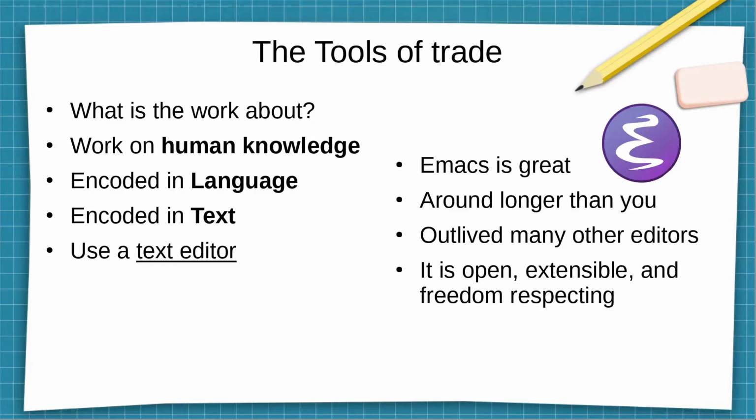And my experience has shown me that certainly the most powerful feature of anything, it is how well it survives the passage of time. And Emacs has a great track record. Finally, it is an open, extensible, and freedom-respecting software that is extremely valuable and guarantees you this software will be around.